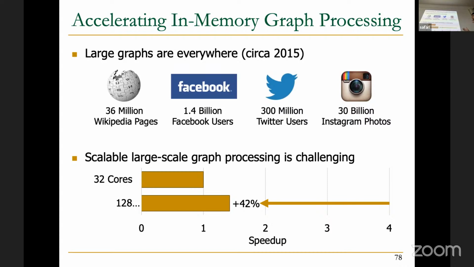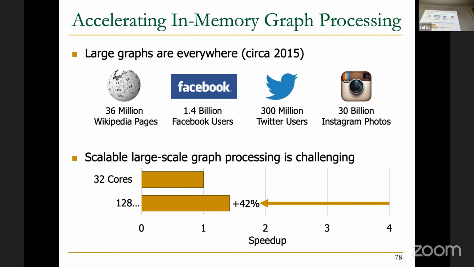Graph processing is a more and more important field of applications, basically because graphs are everywhere and they are very much being used to, for example, understand the connections between users in social media and many other things. Graph processing algorithms are important for that, but as we will see, parallelizing them is extremely costly and extremely difficult.